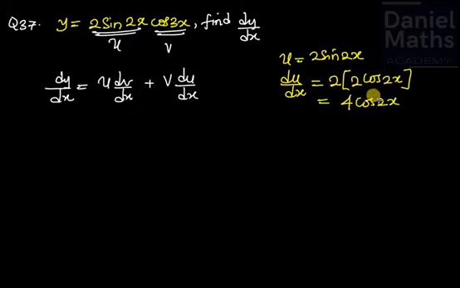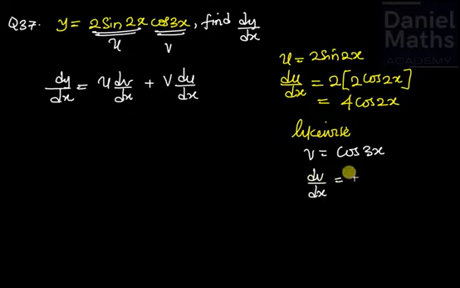So that's what we'll have here. Okay, now also likewise, if we differentiate v, which is equal to cos 3x, therefore dv upon dx is equal to minus, because if you differentiate cos you have minus sine.